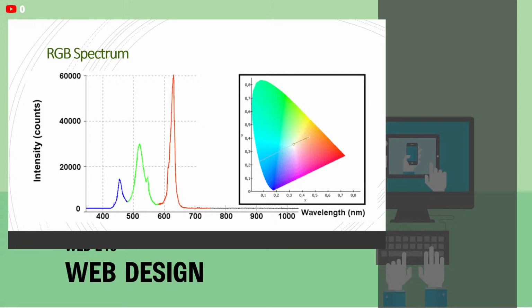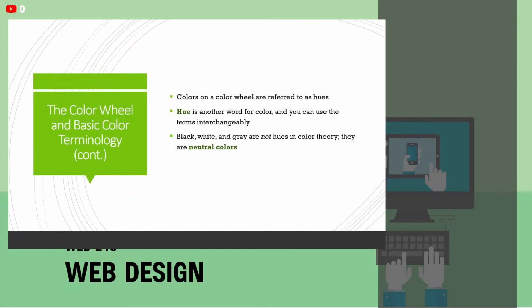And so all of that is just to kind of get us into a place where we could talk about color theory and color wheel terminology. And so colors on a color wheel are referred to as hues, right? And there are millions of different hues that we could use to be able to work with a website.